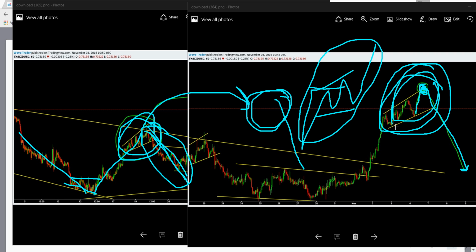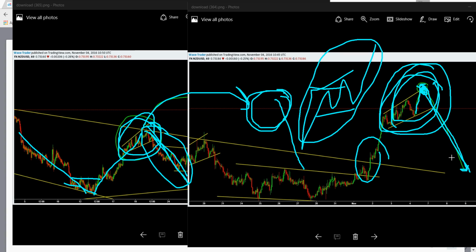So this is a classic chart pattern, and this classic chart pattern behaves in a certain way. Sometimes classic chart patterns tell you that price is going to continue with the previous trend, or sometimes they tell you that price is going to reverse into the other direction.